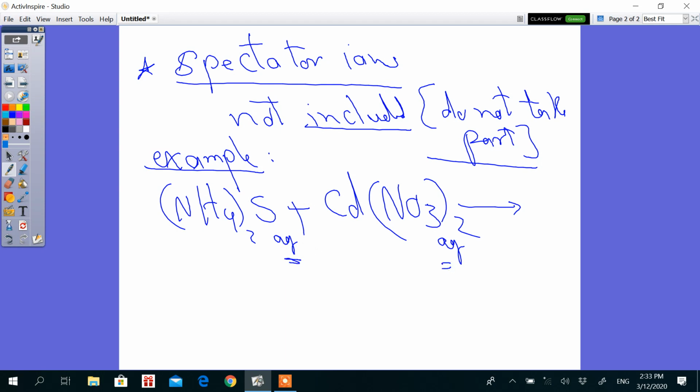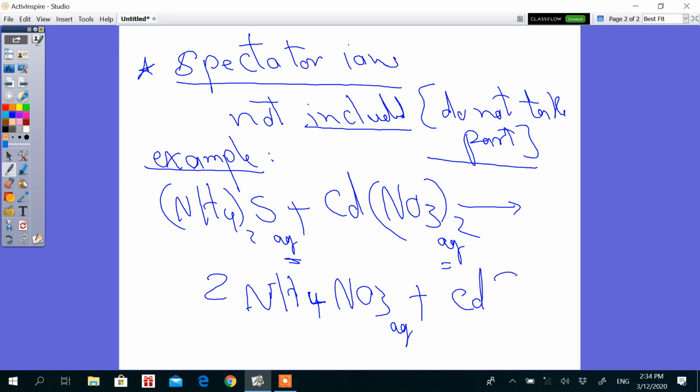And we know that the products are ammonium nitrate. We will take two as a common factor in front of the compound. Ammonium nitrate aqueous, because the ammonium group makes it soluble, and cadmium sulfide.